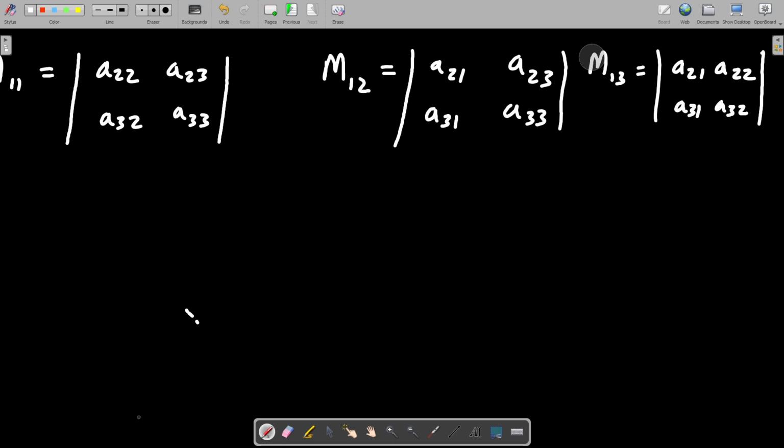Next, A21, second row and first column. So this will leave you with A12, A32.